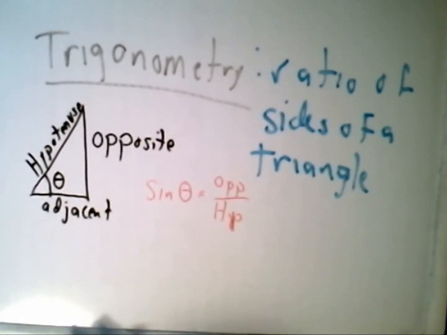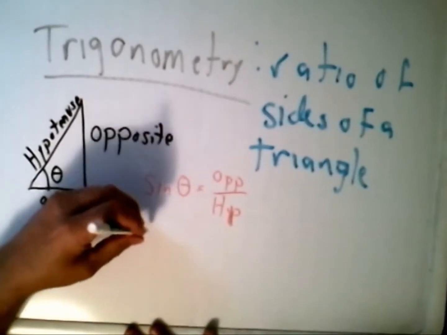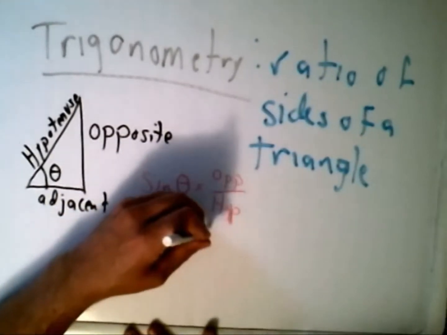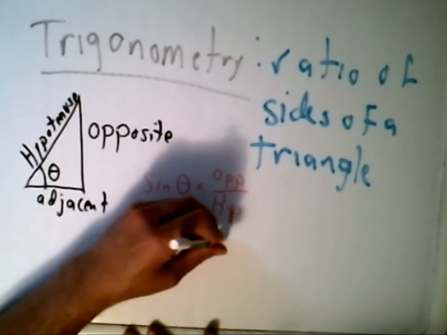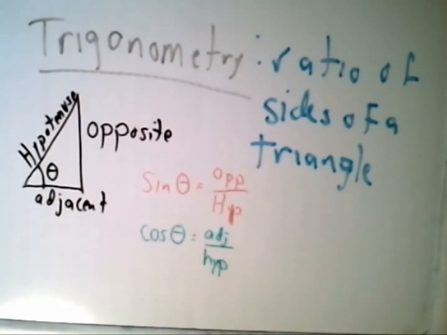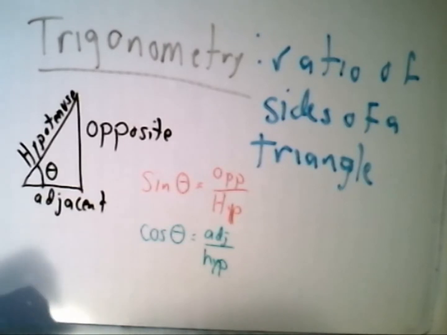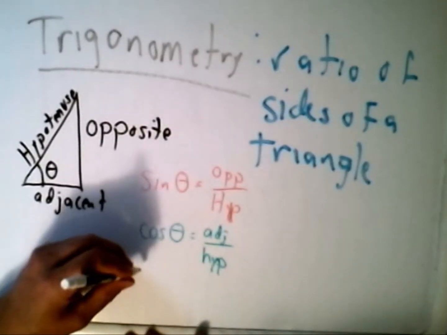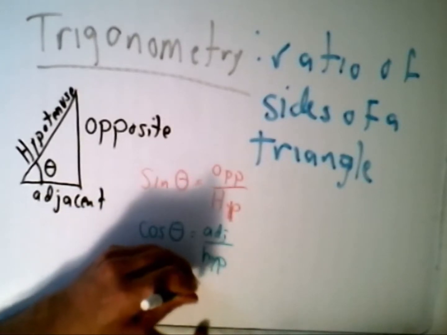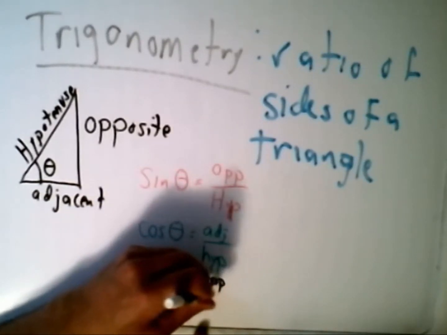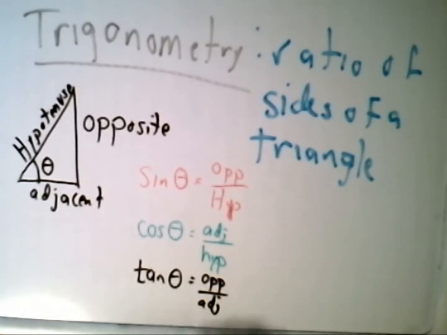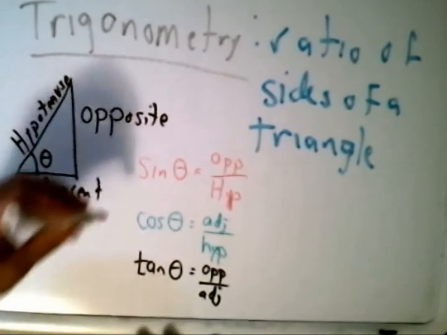Another one is the cosine of the angle, which is the adjacent over the hypotenuse. And another function is the tangent of the angle, and that's going to be the opposite over the adjacent.